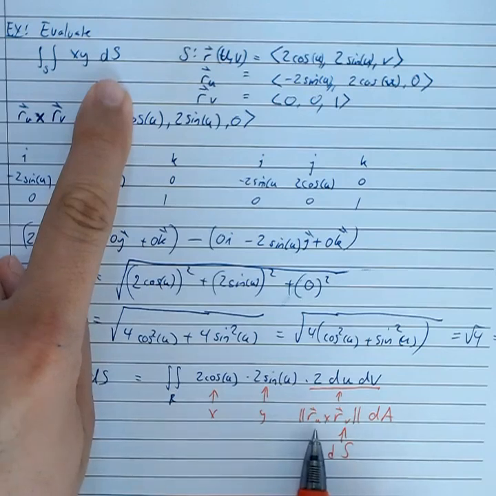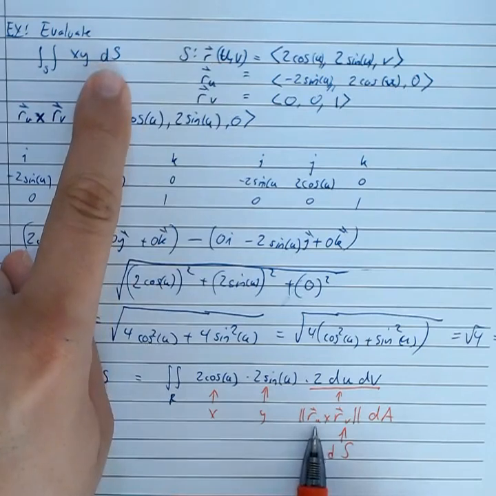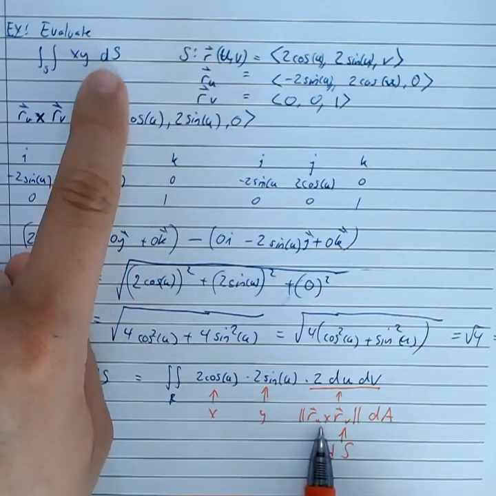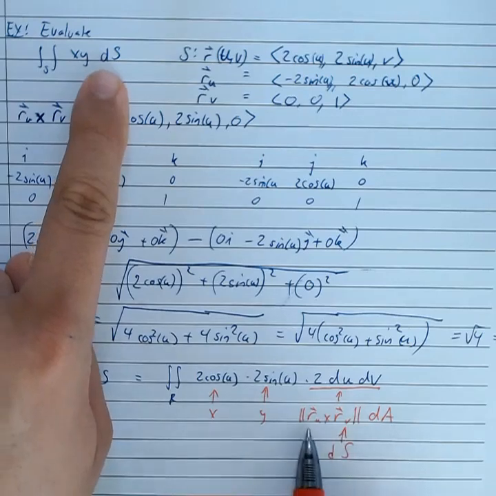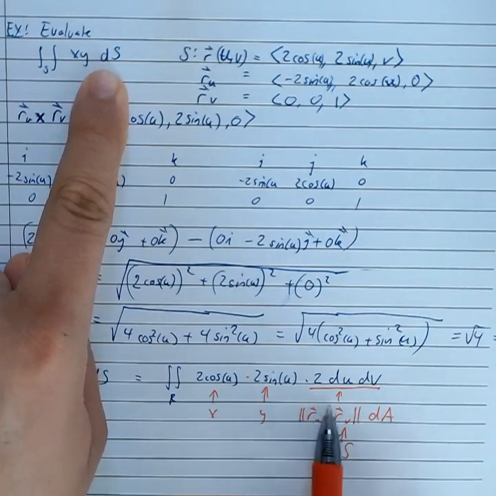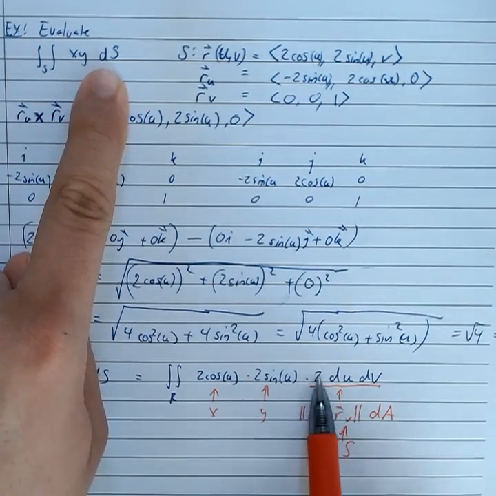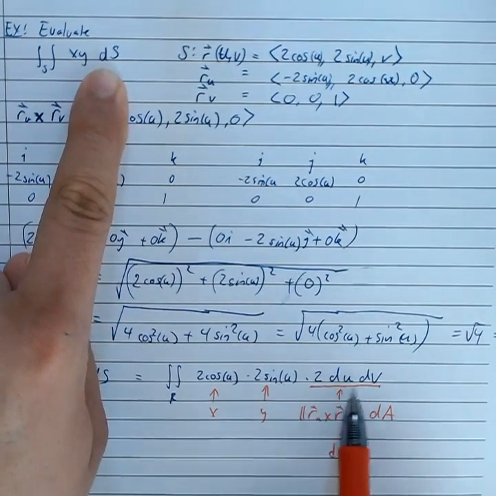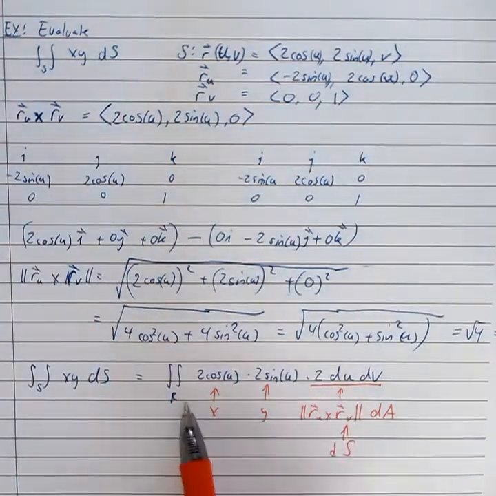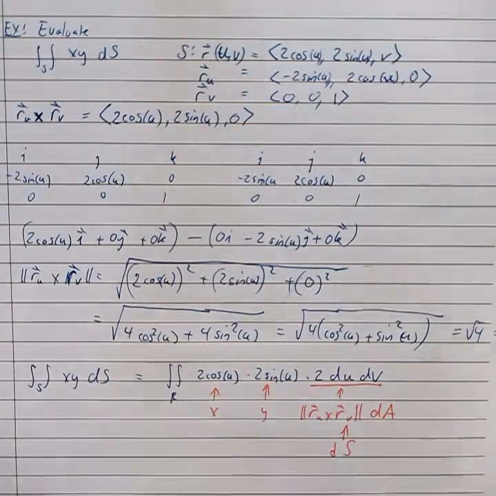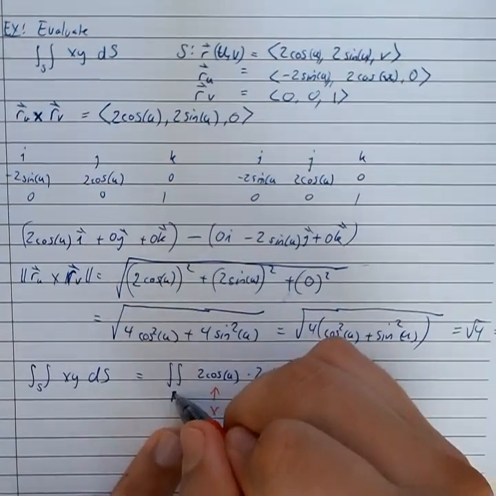In a parameterized surface given by a vector valued function, dS is given by the magnitude of the cross product of the partials, dA. So here's the magnitude of the cross product, and here's your dA. Fubini's theorem lets us do that as a double integral. So now, in fact, let's actually do that as a double integral.